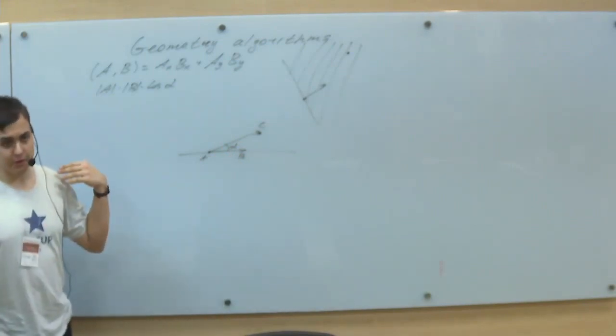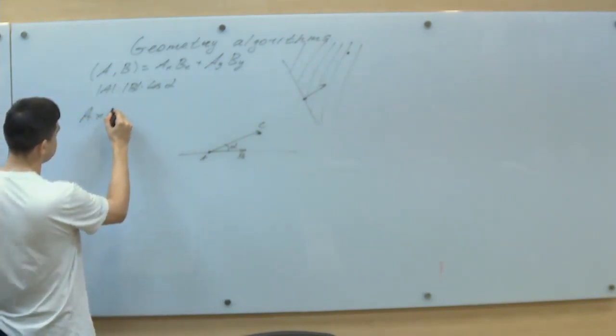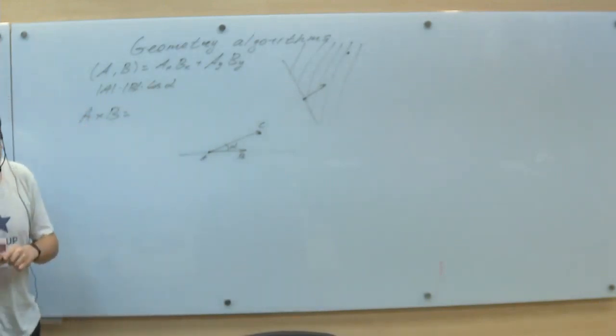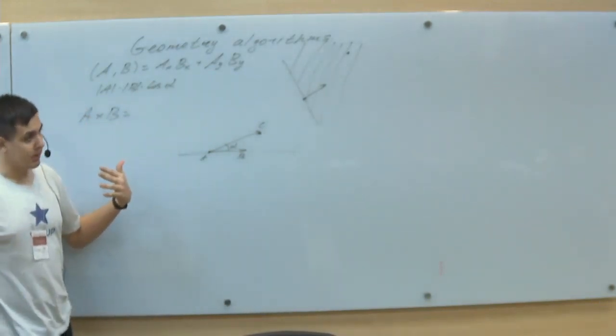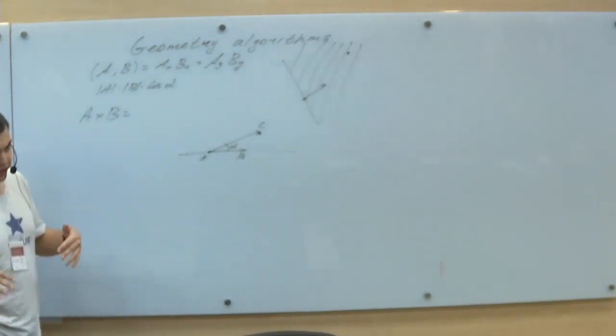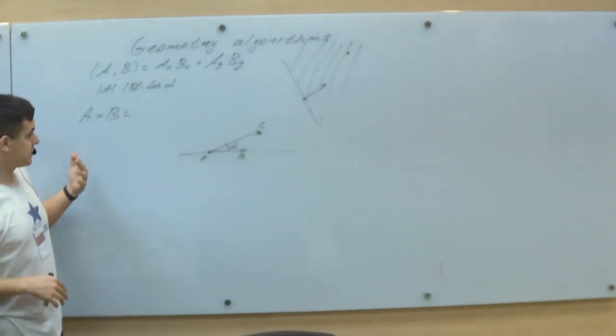So the same for vector product. A lot of geometry can be done with just simple algebra, like just manipulating the formulas.